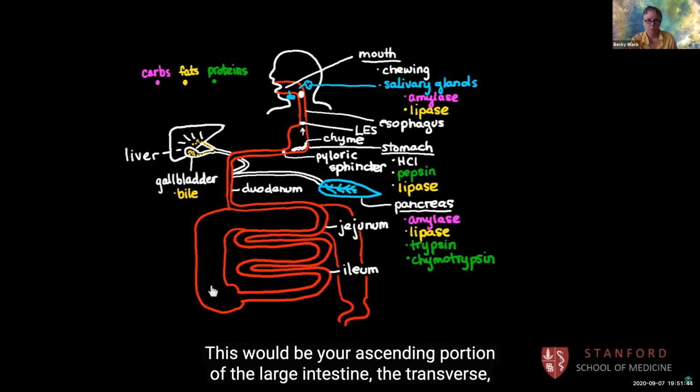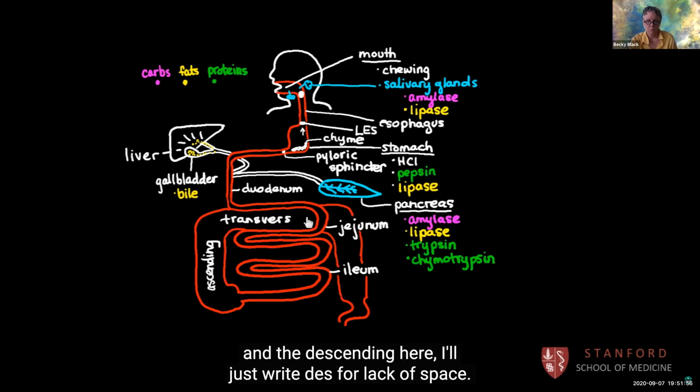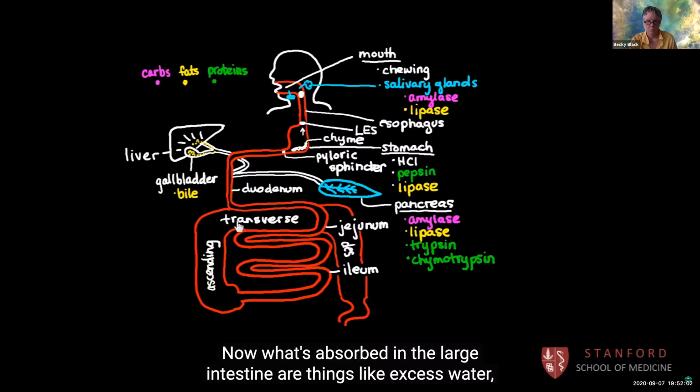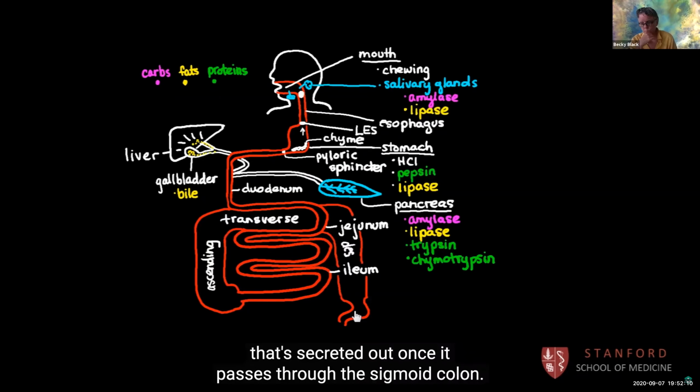So this would be your ascending portion of the large intestine, the transverse, and the descending here. I'll just write DES for lack of space. Now, what's absorbed in the large intestine are things like excess water, because this is ultimately going to be feces that's secreted out once it passes through the sigmoid colon.